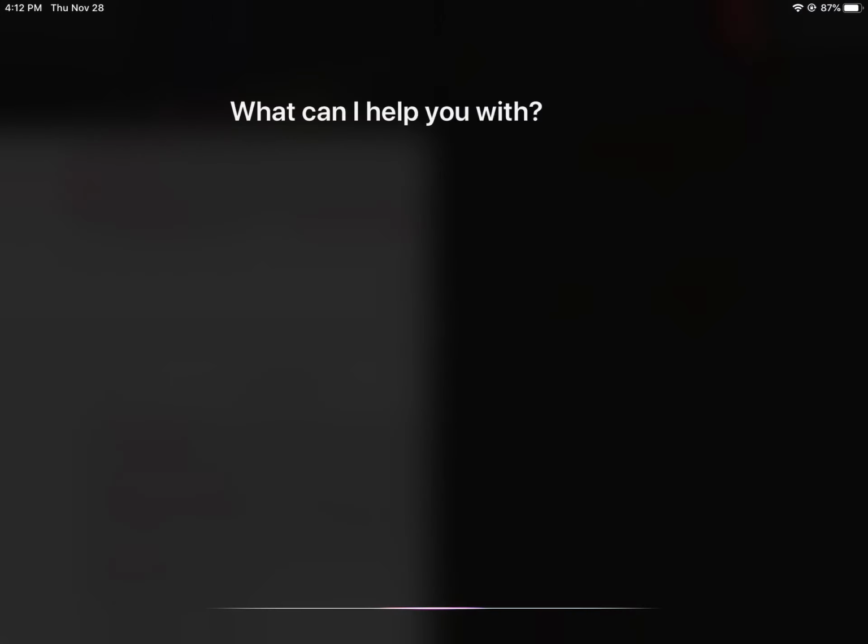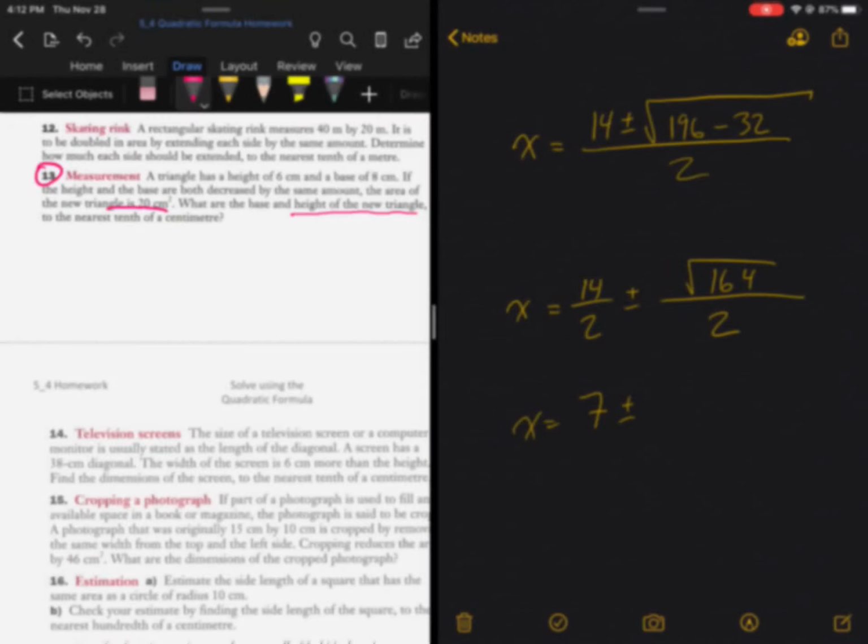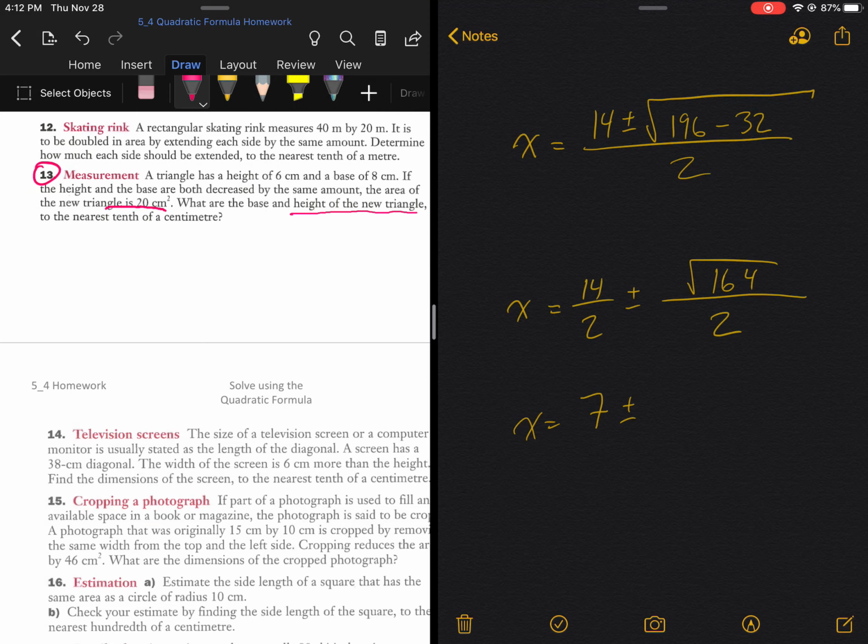It's equal to 7 plus or minus the square root of 4 times 41.